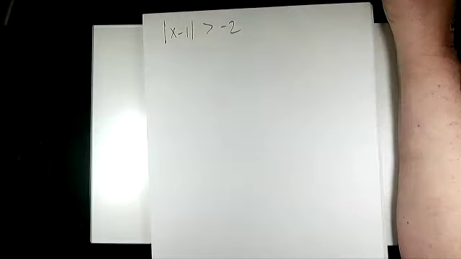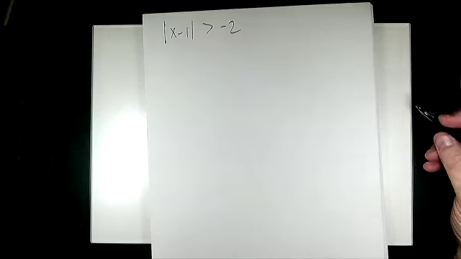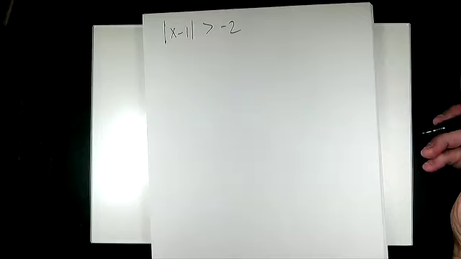Absolute value of x minus 1 is greater than -2. What happens here? Anybody?